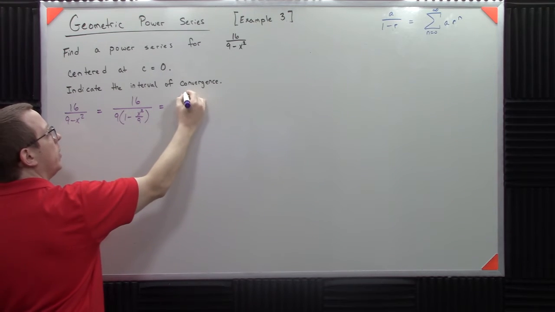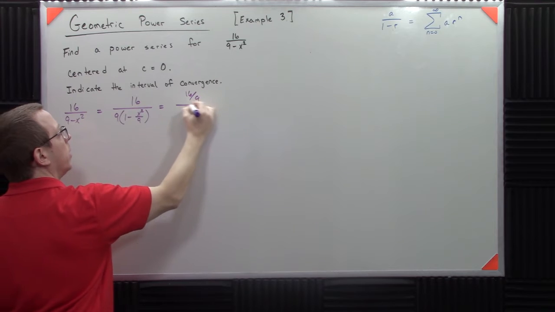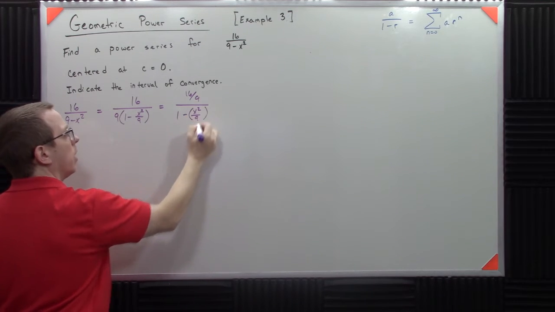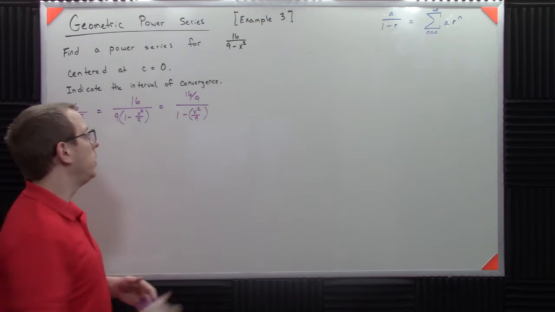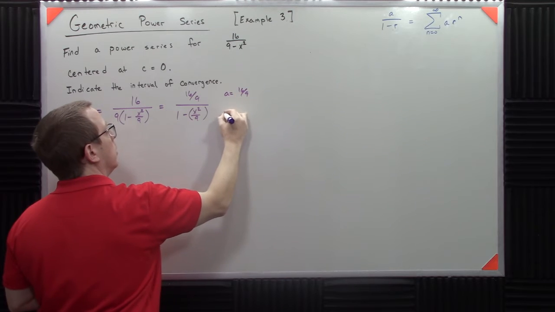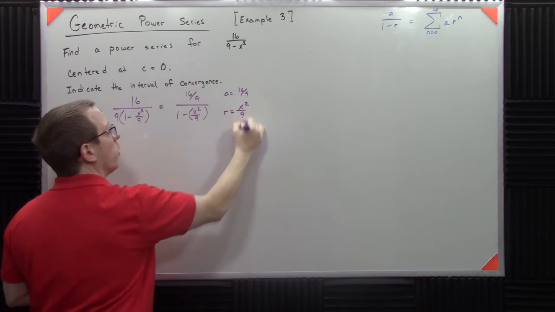Then we rewrite that as 16 over 9 times 1 minus x squared over 9. So you write it like that. This becomes a, and r is x squared over 9.